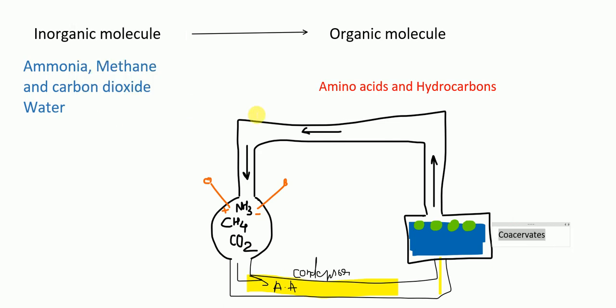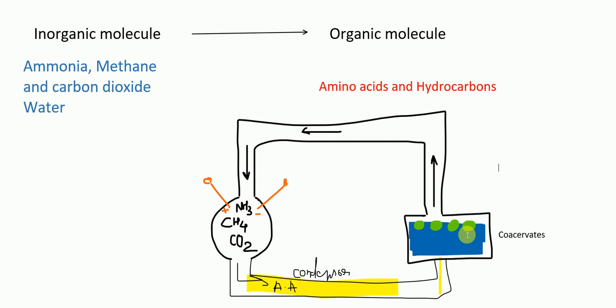The amino acids which were in the condenser now move up to the water, and these fragments of organic molecules float on water, and they are called coacervates. They are not surrounded by any membrane or any such thing. They are just floating on the water.